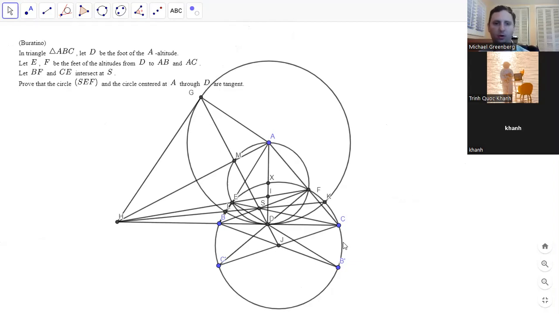But yeah, Brocard's theorem was a pretty powerful tool here. Pascal and Brocard's.